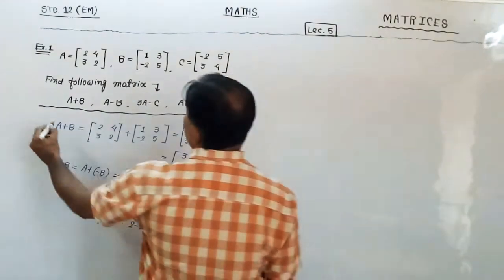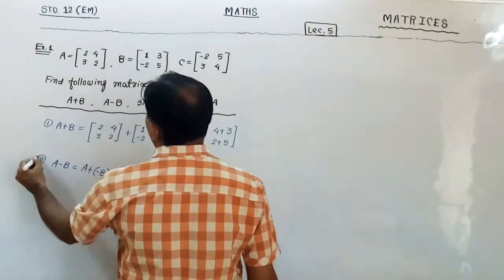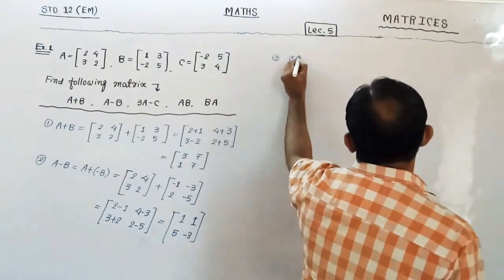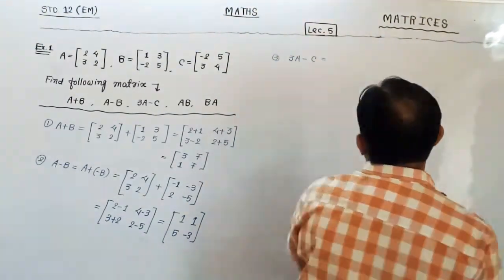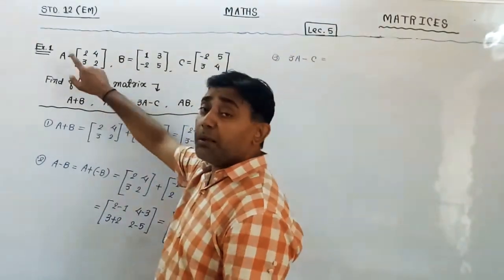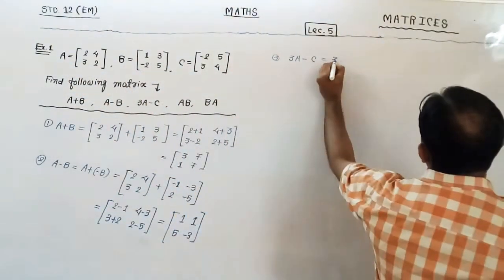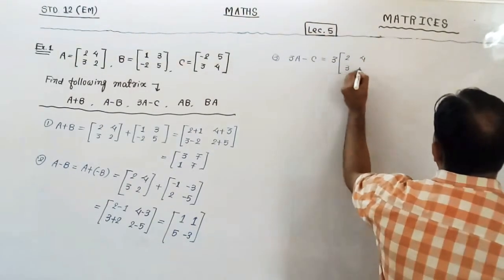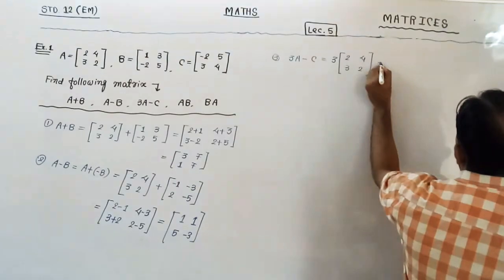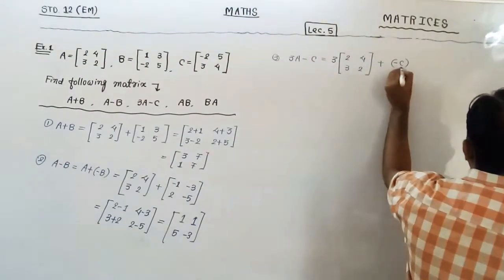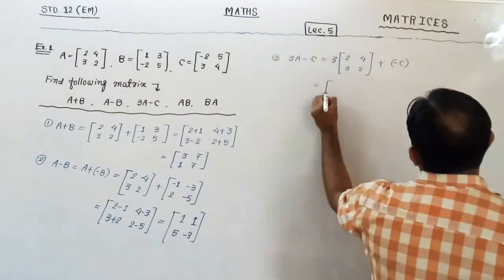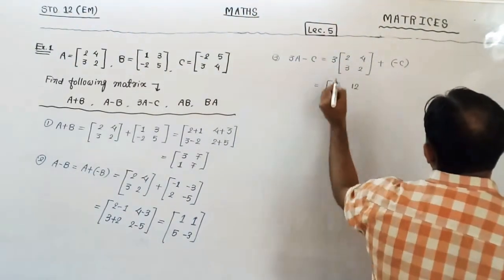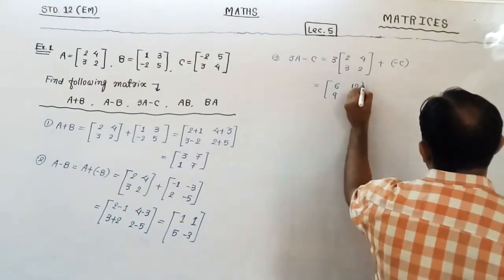So this is the first thing, A plus B. This is the second thing, A minus B. The third thing is 3A minus C. I hope you understand it easily. 3A means this matrix is multiplied by 3 like this. 3 into matrix A means 2, 4, 3, 2, and plus minus matrix C. This 3 is multiplied with all the elements: 3 2s are 6, 3 4s are 12, 3 3s are 9, and 3 2s are 6.